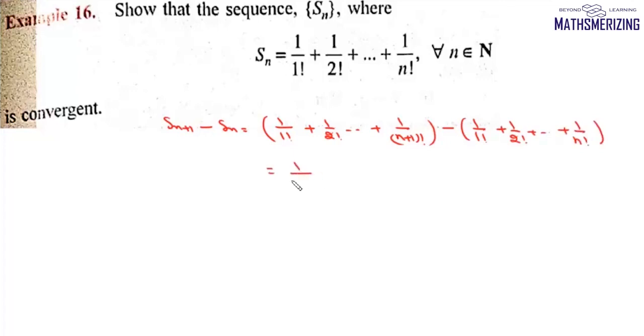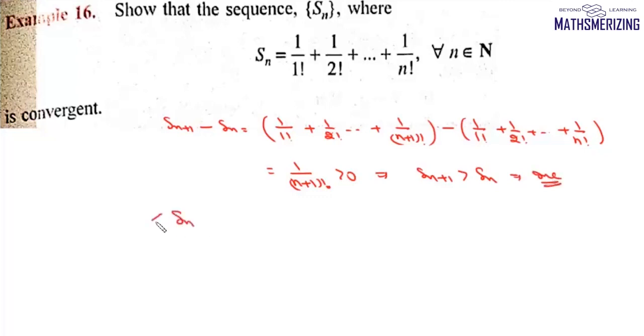Now this value will be simply 1 upon factorial n plus 1, which is greater than 0. So from here we can say Sn plus 1 will be greater than Sn, that is, this sequence is an increasing sequence.